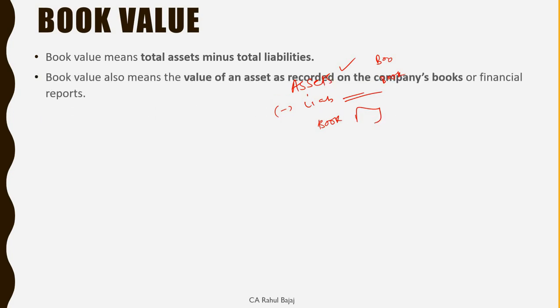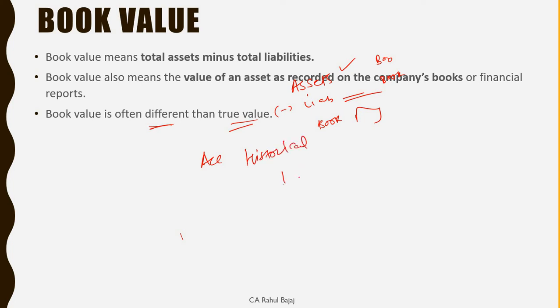Book value means value of assets recorded at the company's books. Same thing I have explained. Book value is often different from true value. How come? In accounting we have studied the historical cost method. For a land you purchased at 1 lakh rupees, now it may be valued at 20 lakh rupees.